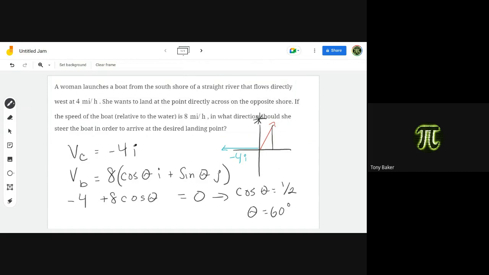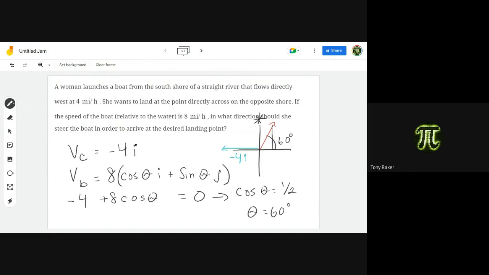So she has to turn the boat so that this angle right here is 60 degrees. Has anybody ever been on a boat? Has anybody ever driven a boat? Do you know how you'd actually steer the boat? Which direction?